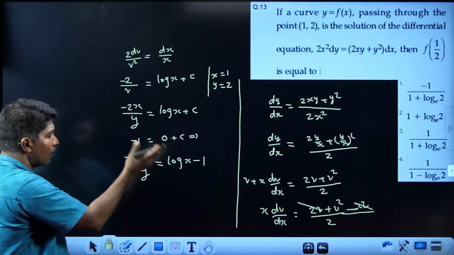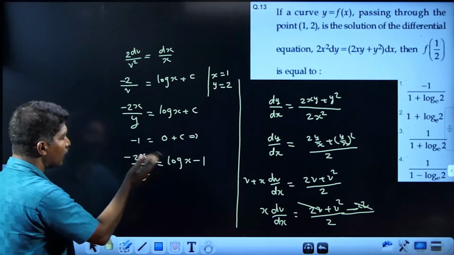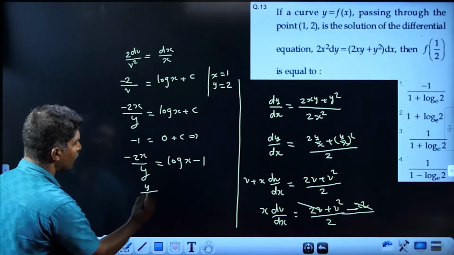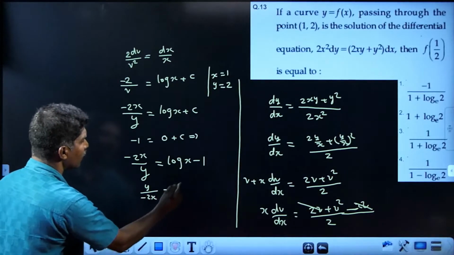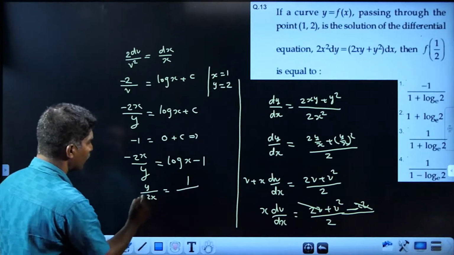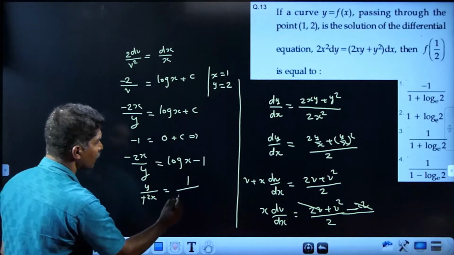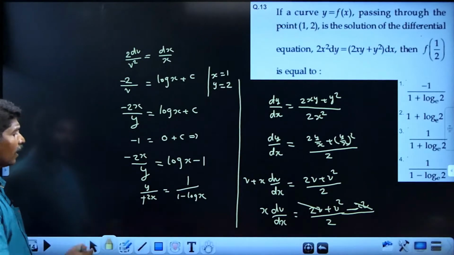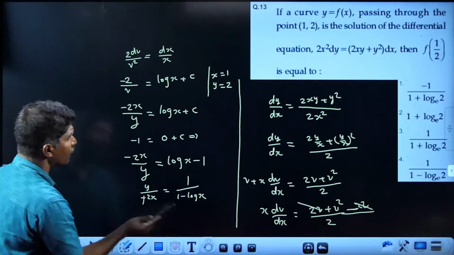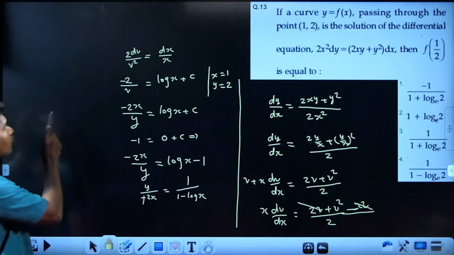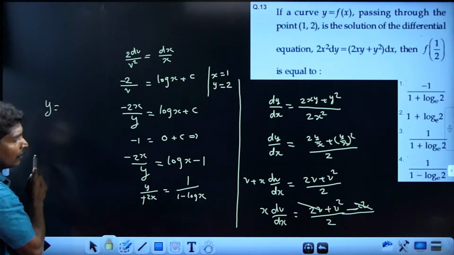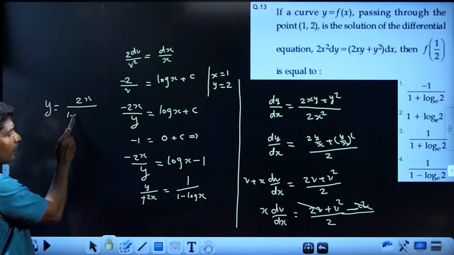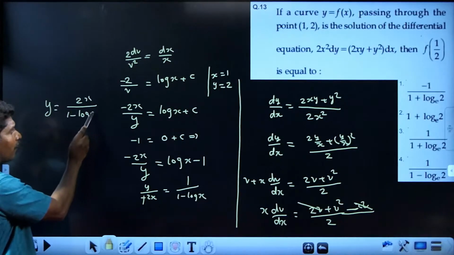Okay, now to calculate y, we will take the reciprocal, we will be getting y divided by negative 2x is equal to 1 divided by, if you cancel minus, I can write it as 1 minus log x. Therefore, y is equal to 2x divided by 1 minus log of x.